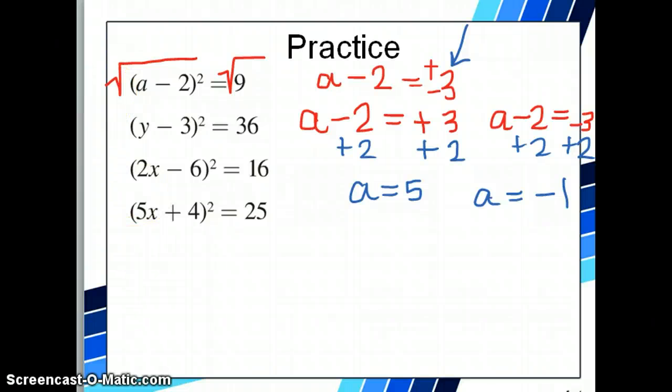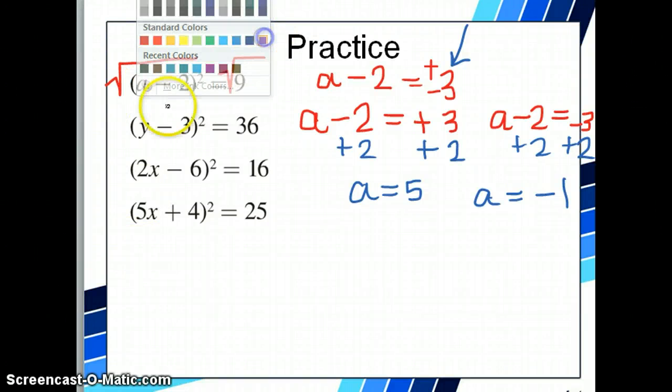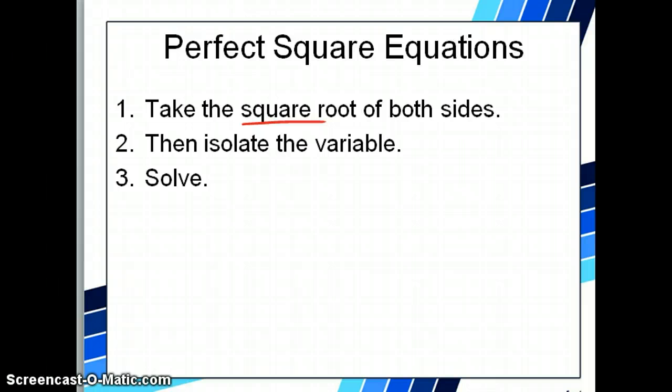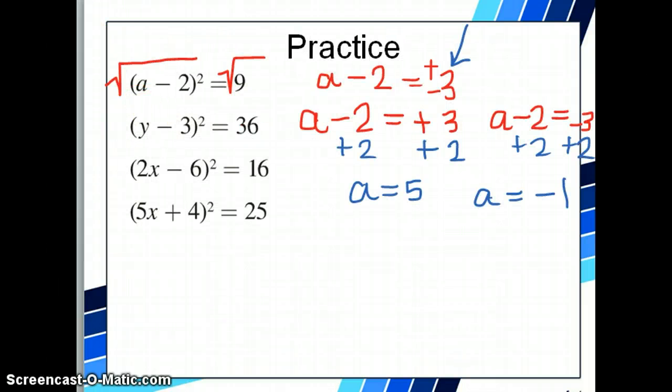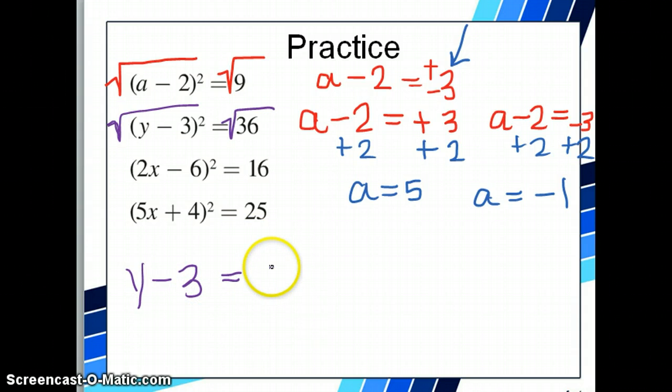Okay, let's do another one. I'm going to take that square root first. So if I take the square root of the left, I'm just left with y minus 3. And if I take the square root of 36, I'm left with a positive 6. And I'm also left with a negative 6. So right off the bat, I'm going to write those two equations so we can see we have a positive and negative 6.